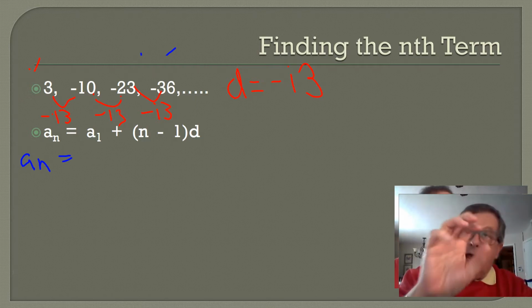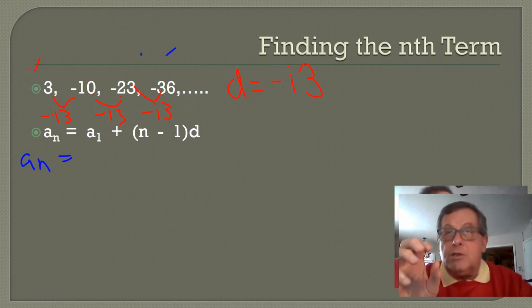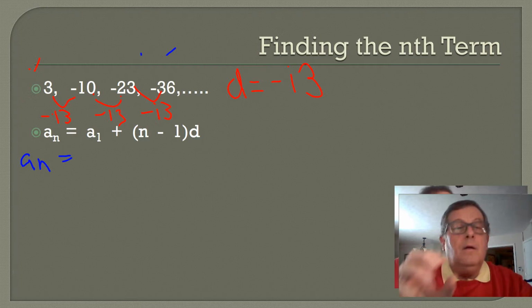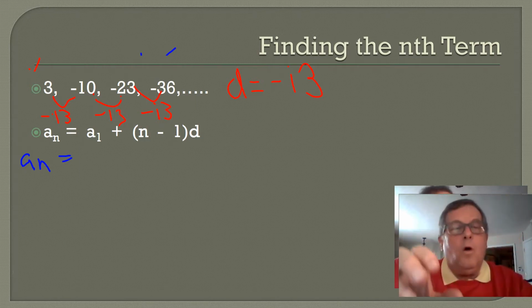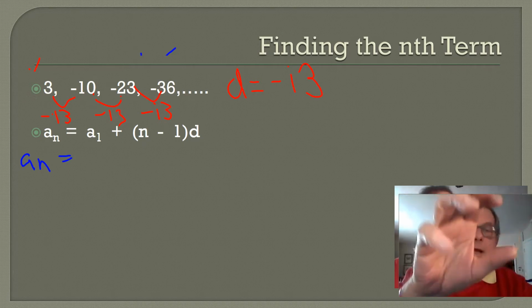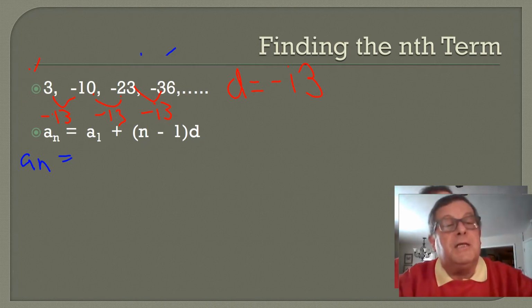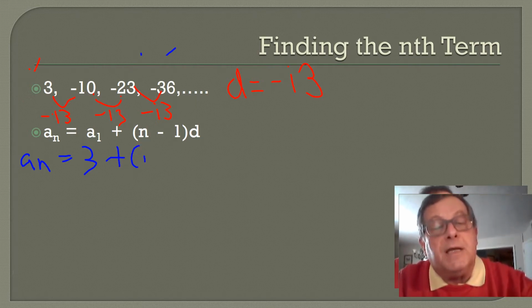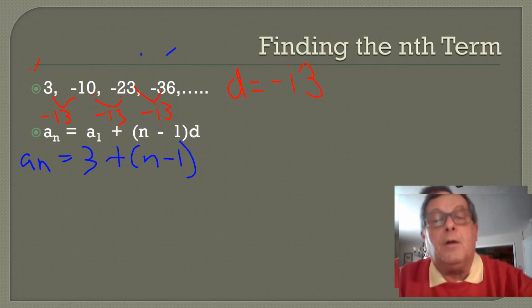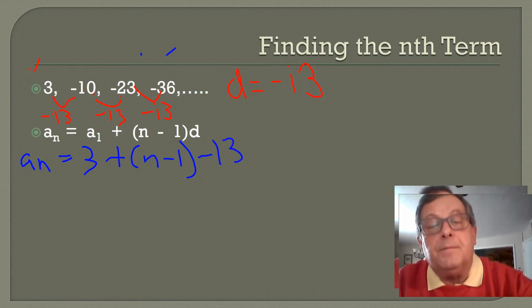That's why they call it a1. It is the first number of the arithmetic sequence, A1. That's where that comes from. A for arithmetic, 1 for the first number in the sequence. And in this case, that's 3. Plus, in parentheses, n, that's my variable, minus 1. And then I'm going to apply my common difference, which is minus 13.